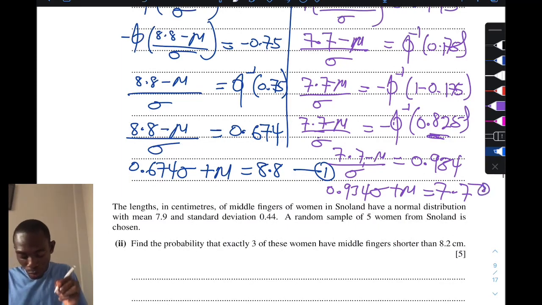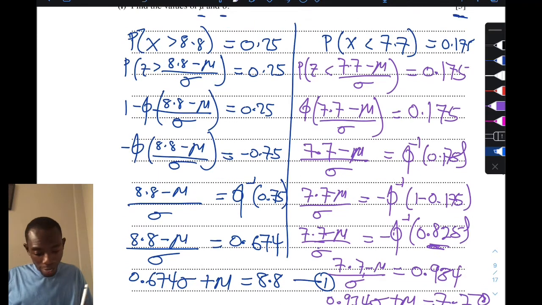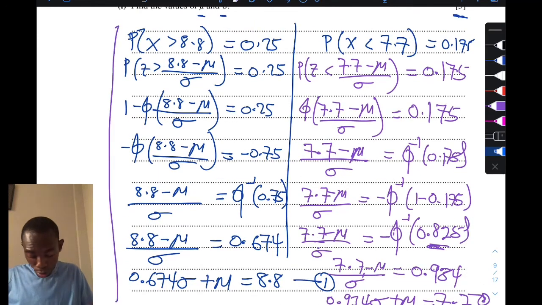Okay, so now this is what I want you to do. You have to solve this simultaneously. But I don't have a space for that, so I'm just going to put it on the calculator, and then I'll put the answer down. In the exam, actually, you should solve it. I believe we can all solve a simultaneous equation.